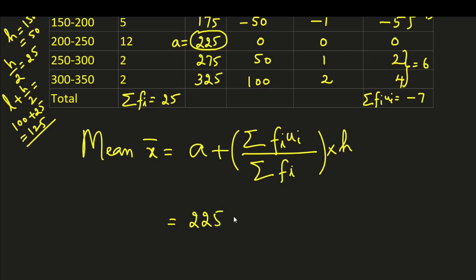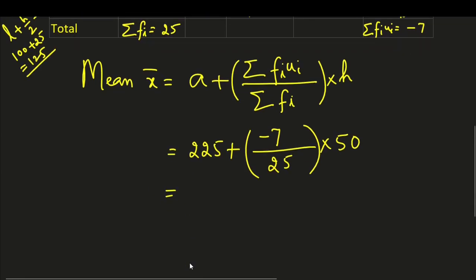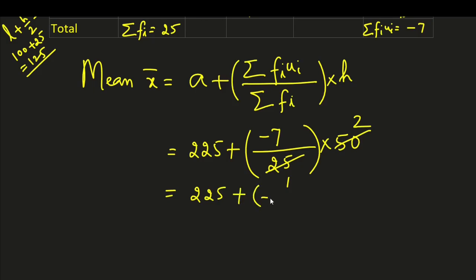So 225 plus sigma FiUi we obtained, minus 7, by sigma Fi, which is 25, into H, which is 50. Here 25 and 50 can be cancelled out. Dividing by 25 we get 1 here and 2 here. So this is 225 plus minus 14.